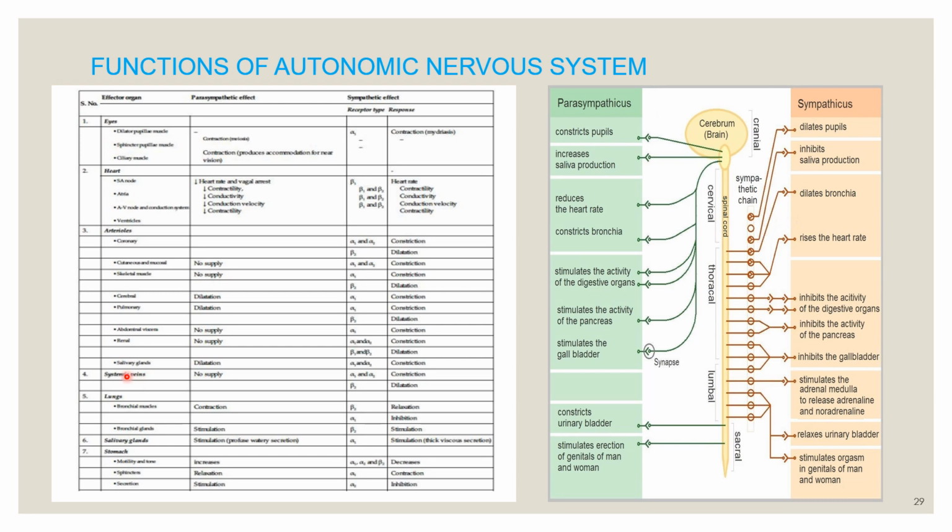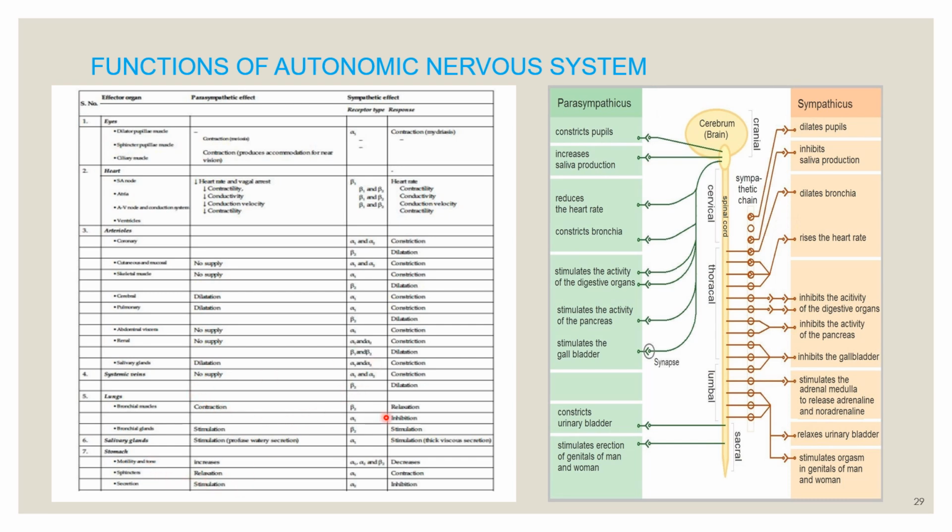Then coming to the lungs. The bronchial muscles and bronchial glands are the main parts in the lungs. The bronchial muscles having parasympathetic nervous system leads to contraction of the bronchial muscles, whereas the sympathetic one is different.